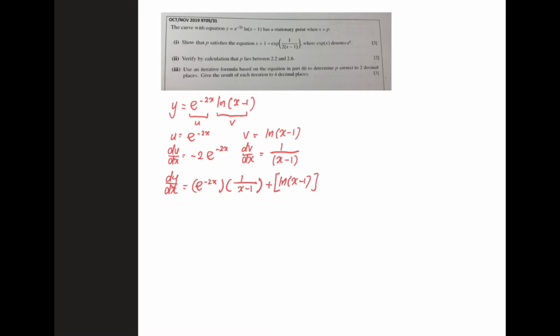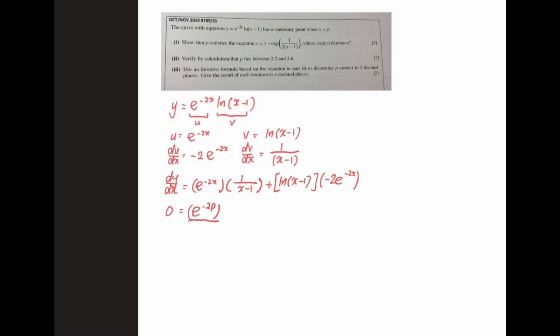So du dx is minus 2e to the minus 2x. Okay, then the question said it has a stationary point when x equal to p. So we are going to substitute dy dx with 0 because of stationary point, and we are going to substitute x with p.